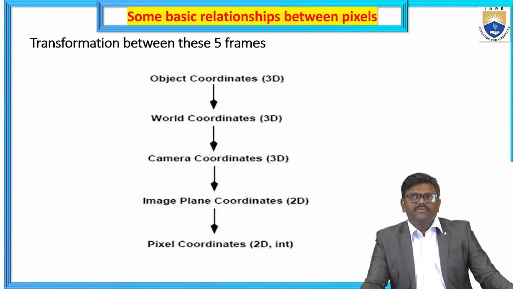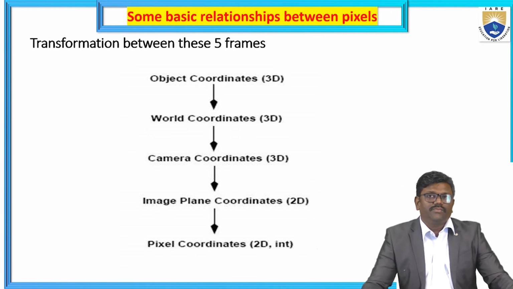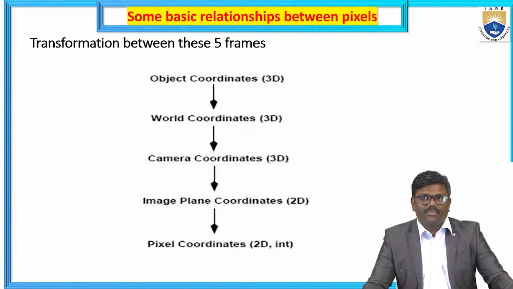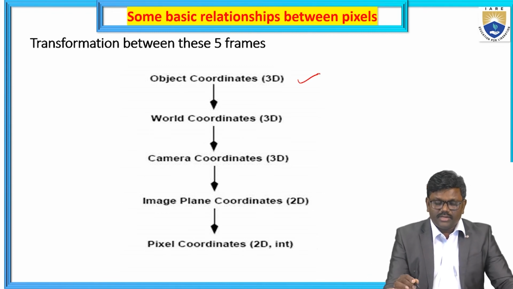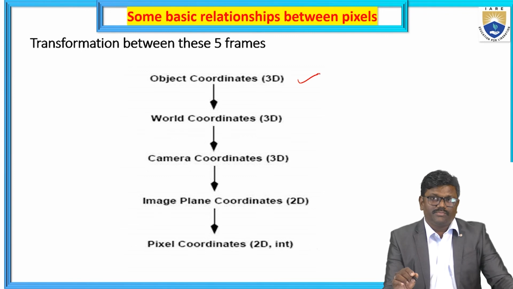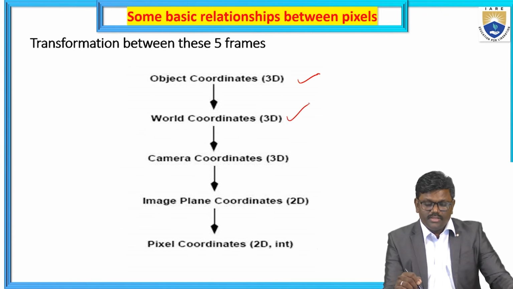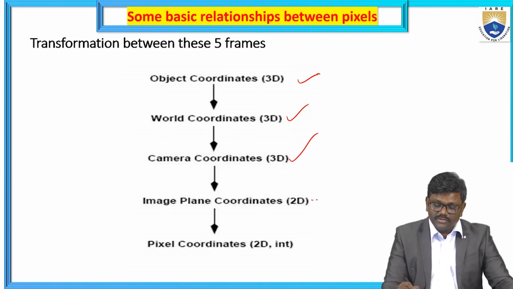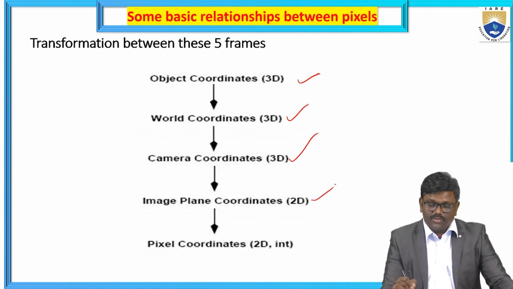For example, let us take the transformation between these 5 frames. Number 1, object coordinates in 3D. Number 2, world coordinates in 3D. Camera coordinates in 3D. Image plane coordinates in 2D. And pixel coordinates in 2D, in terms of intensity.